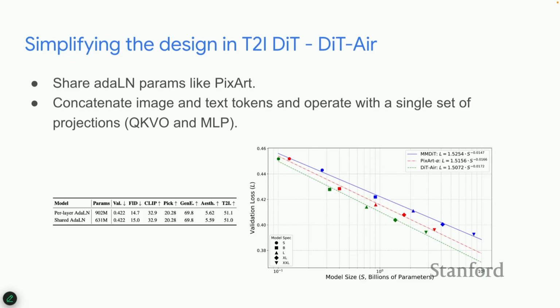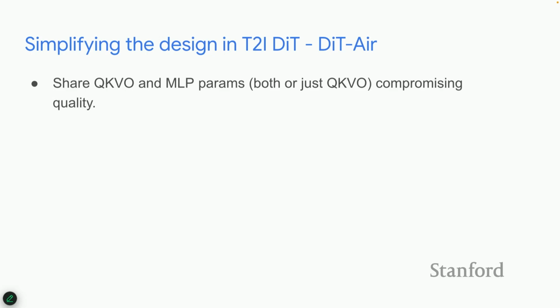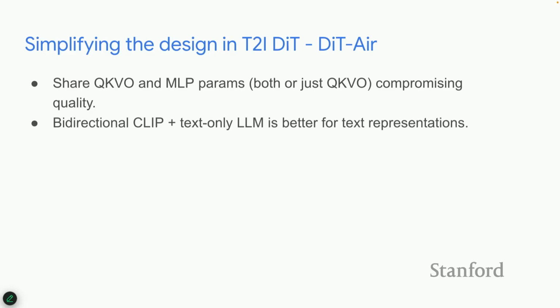The green one is the simplified design, and it always gets the lowest amount of loss. And as I was mentioning, other than sharing the adaptive layer norm parameters, you can also share the QKV parameters as well as the MLP, if you can compromise some of the quality a bit, and if you are only targeting efficiency.